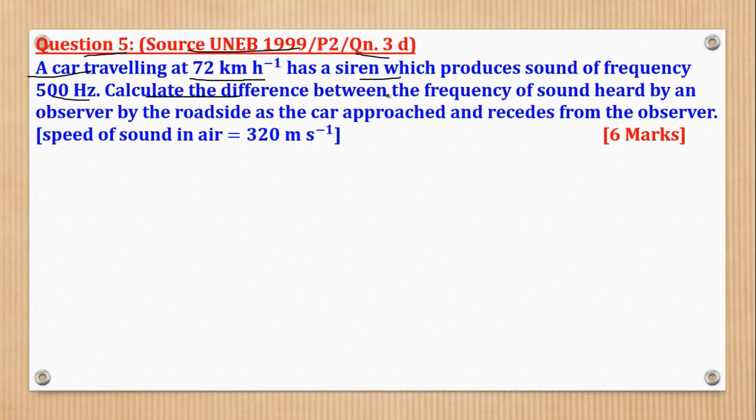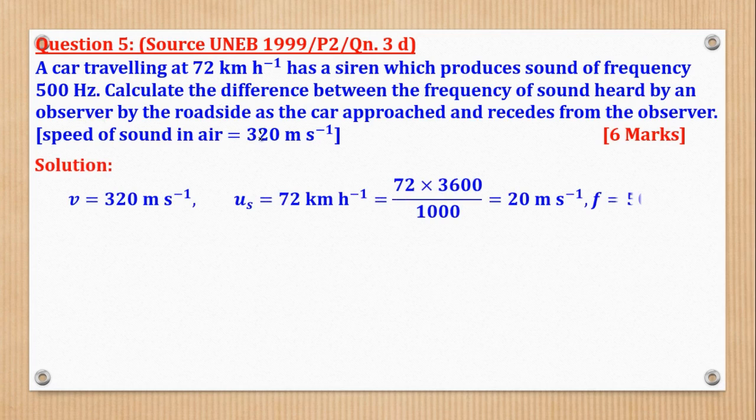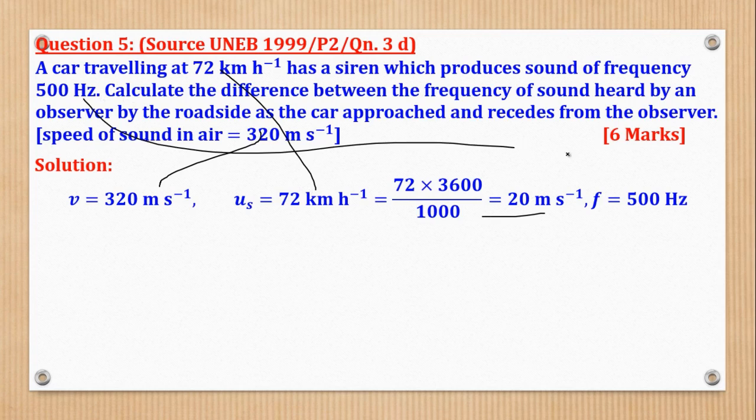Calculate the difference between the frequency of sound heard by an observer by the roadside as the car approached and recedes from the observer. So approaching means towards and receding means away. So we know that velocity of sound in air is 320. This one is Us in kilometers per hour, so it is changed to meters per second. Frequency is 500.